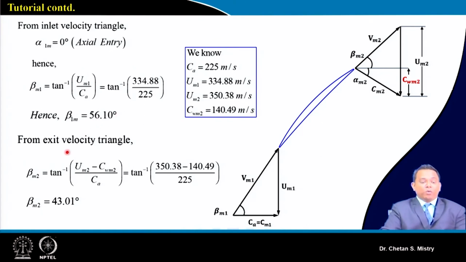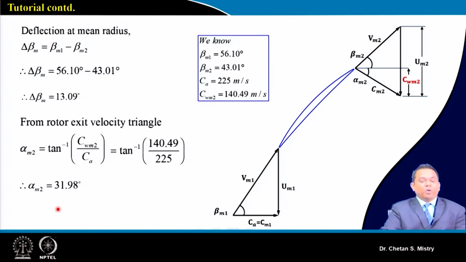Now at the exit, this is our velocity triangle. Based on trigonometry, this is given by tan inverse of (U minus Cw) divided by Ca. This gives me beta 2 at the exit, and it is coming 43.01 degree. So at mid station, my beta 1 and beta 2 are known to us.